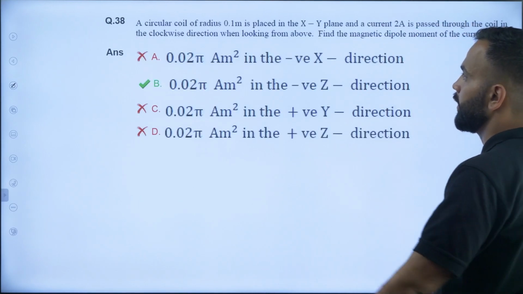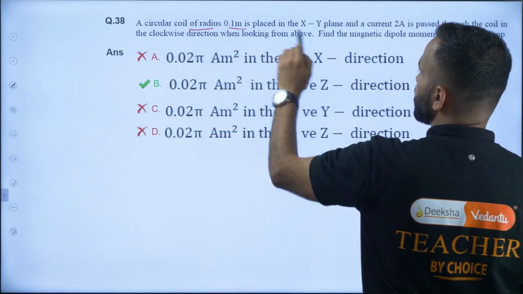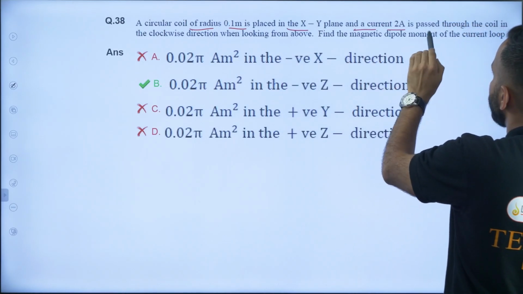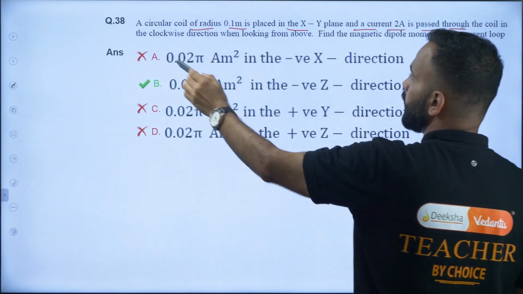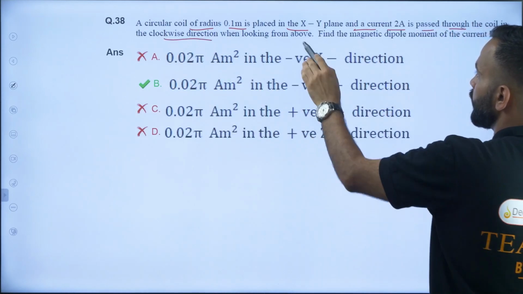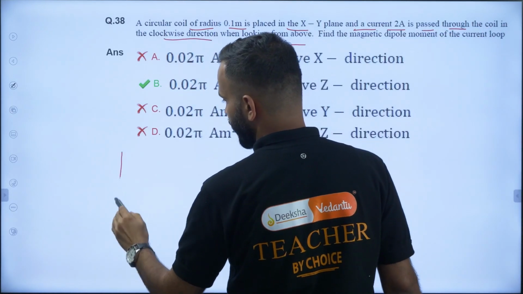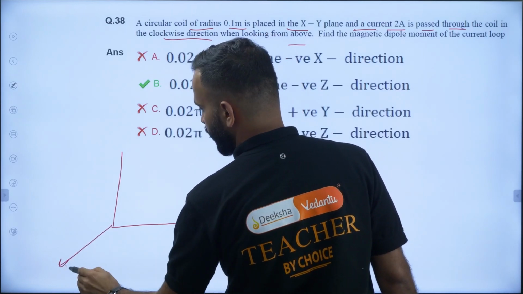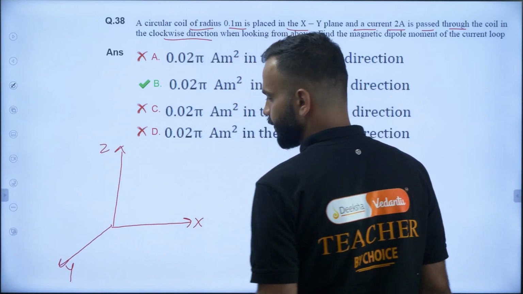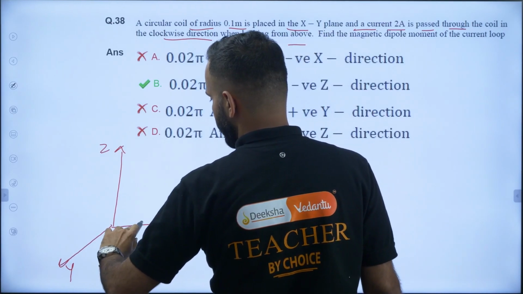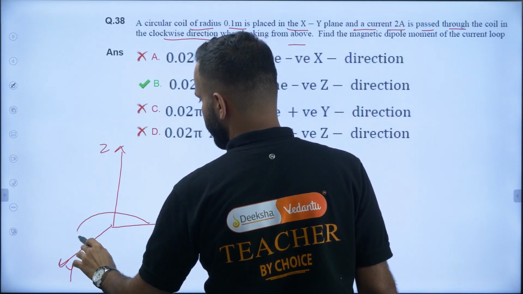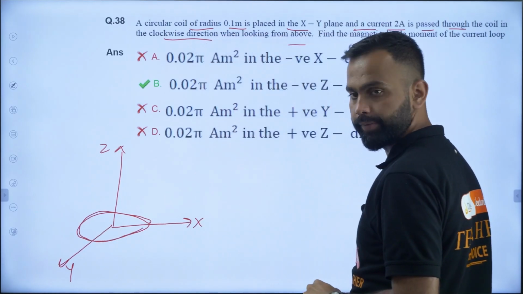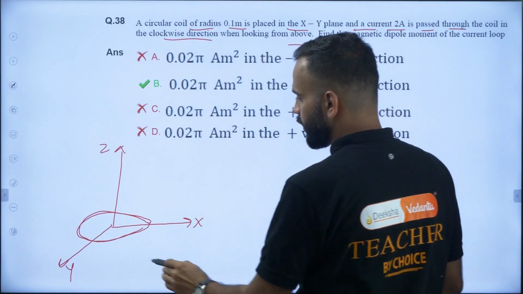Question number 37. A circular coil of radius 0.1 meter is placed in the XY plane and current 2 ampere is passed through the coil in the clockwise direction when looking from above. Let us draw the diagram: X, Y, Z. Here the circular coil is placed, a rough diagram.